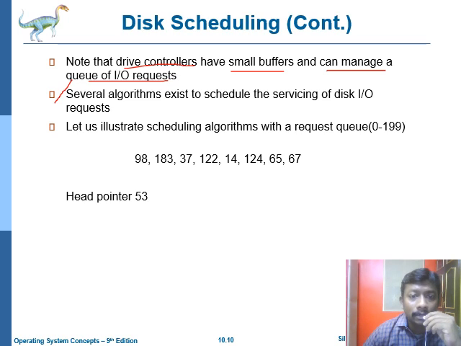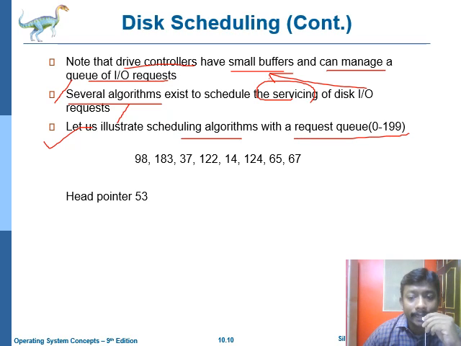Several algorithms exist to schedule the servicing of a disk input output request. In this buffer, the input output requests get filled, and they have to be served with the help of several scheduling algorithms. Let us illustrate the different scheduling algorithms with this example. Say the request queue covers the range 0 to 199, and the current head pointer points at the 53rd sector.